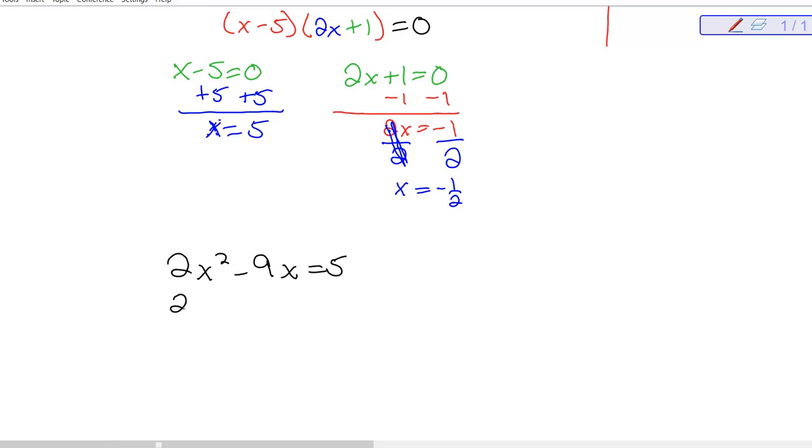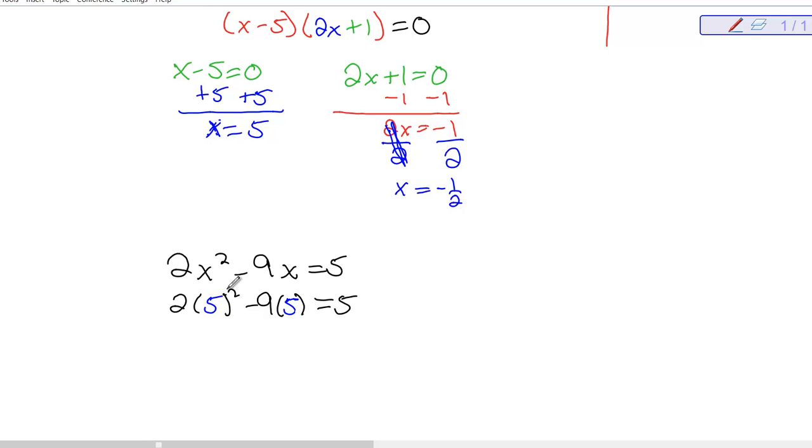So I'm going to have 2 times 5 squared minus 9 times 5. And does that equal 5?